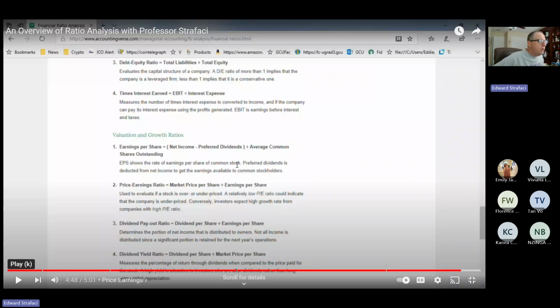Now, why is that important? Because it allows us to measure how much our market value actually is. So for instance, and let me go to another screen now.